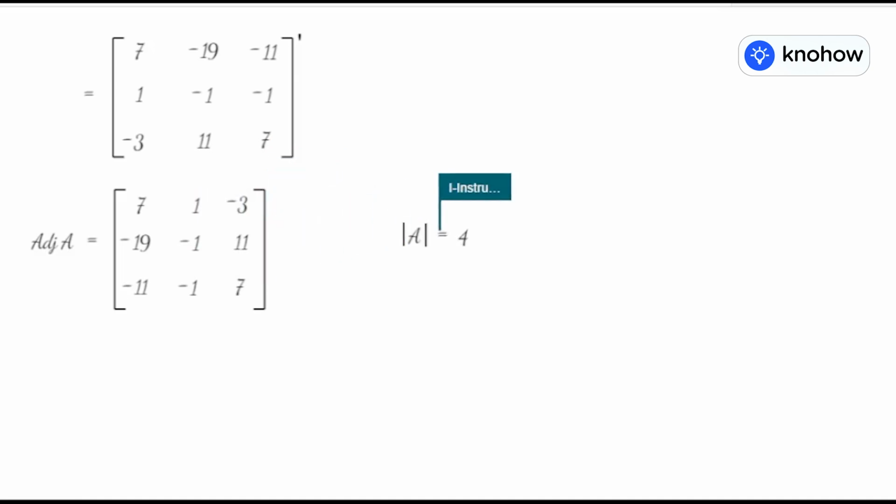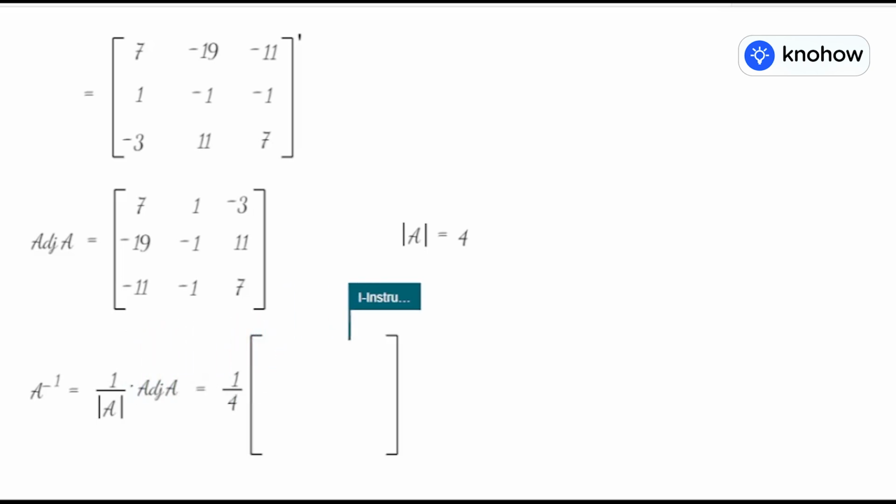So the value of A inverse is 1 by determinant A into adjoint A. That is 1 by 4 times, you already know adjoint A, 7, 1, negative 3, negative 19, negative 1, 11, negative 11, negative 1, 7.